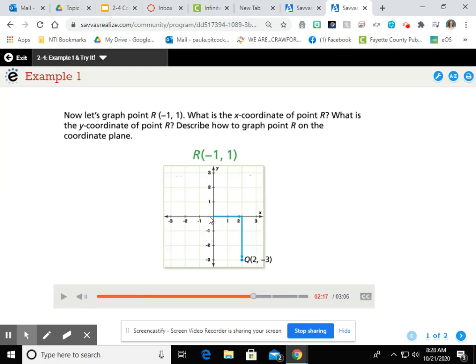You need to go to the left 1, then up 1 is what you could say. Okay, you could say you have to go backwards to -1 and then go up 1. You have to shuffle backwards 1 and then climb up 1. There's different vocabulary terms you can use, but you do need to say to the effect, you need to go backwards 1, up 1, because this is where R should be.